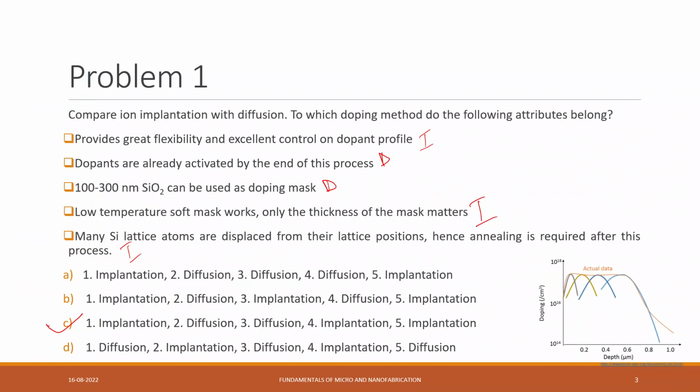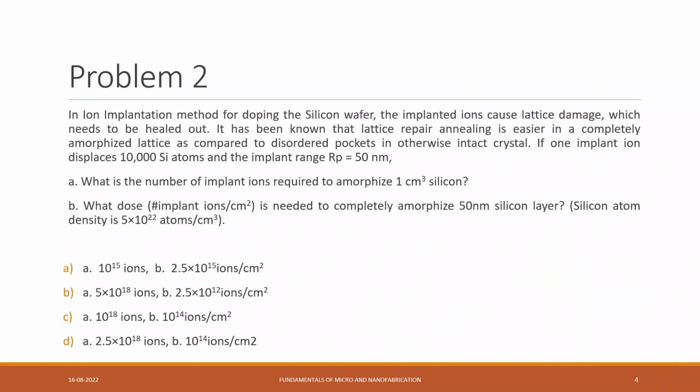So the second problem is a numerical. In the ion implantation method for doping silicon, the implanted ions damage the silicon lattice, and we need to heal it through an annealing step. Here we have to calculate the healing time.